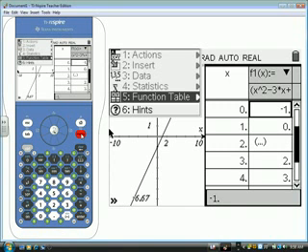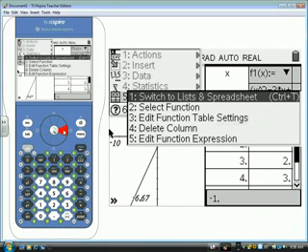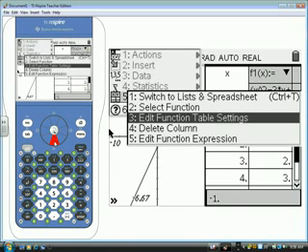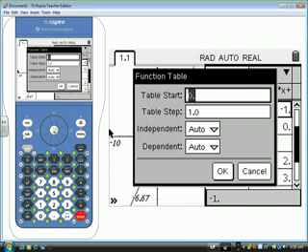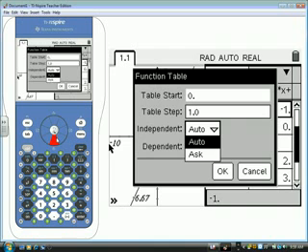So the way you do that is you press menu, and if you arrow over, it's got edit function table settings. So menu, and then arrow over and go to number 3. And you're going to need to press the tab button until you get to independent. And down arrow and put it on ask just like we did on the 84.